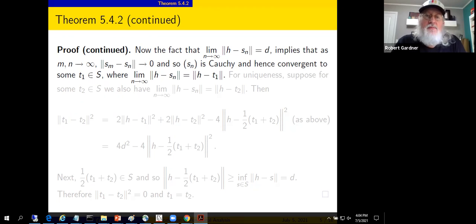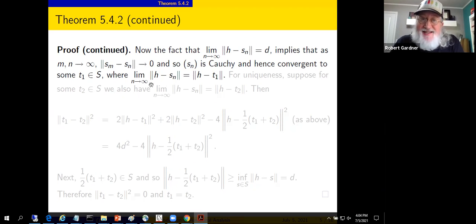S was a subspace of the Hilbert space and itself was taken to be complete. So there's a T1 in S such that the limit of the norm of H minus S sub n equals the norm of H minus T sub 1. So we found the existence of a T sub 1 in S where that infimum is attained.